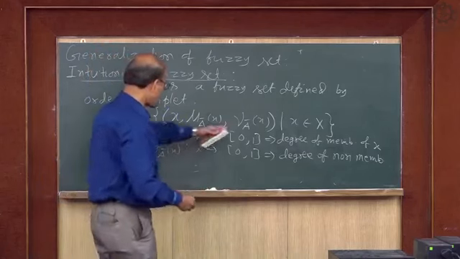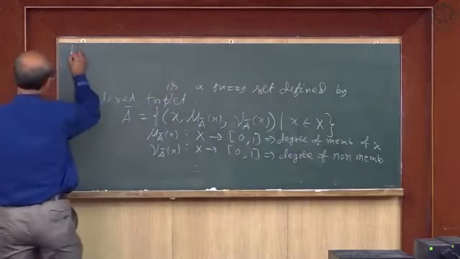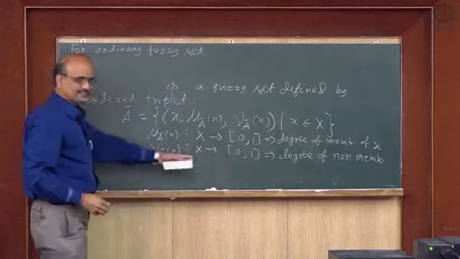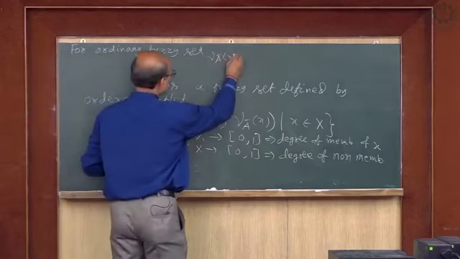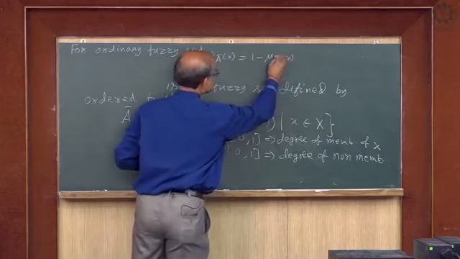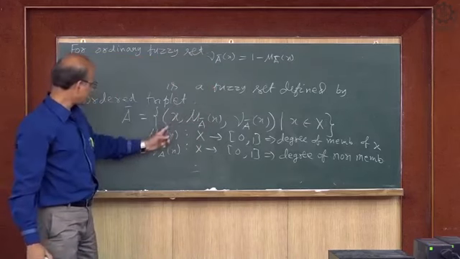For an ordinary fuzzy set, we can write nu A bar x is equal to 1 minus mu A bar x, because of the complement.